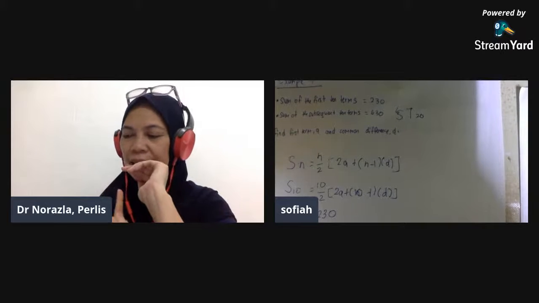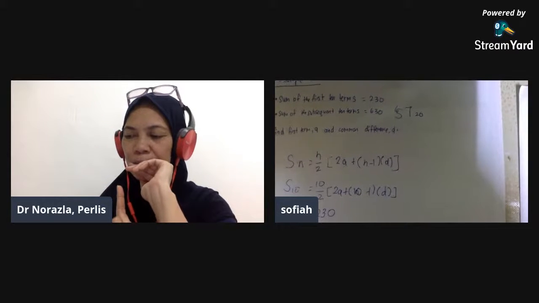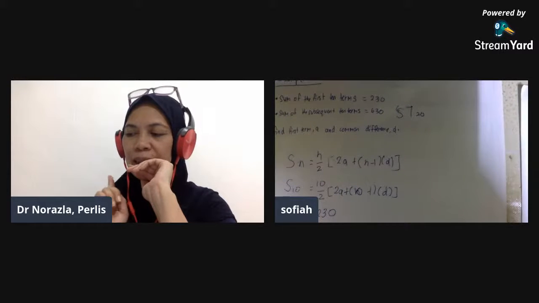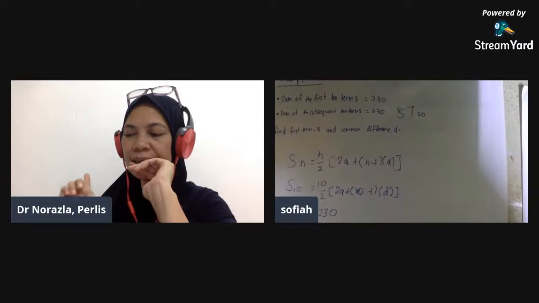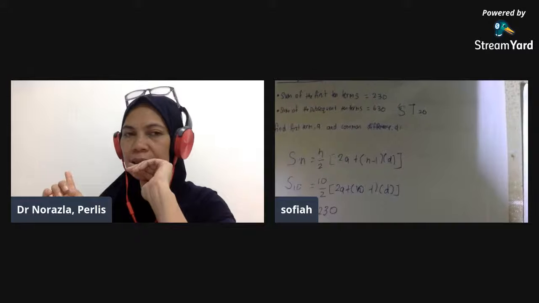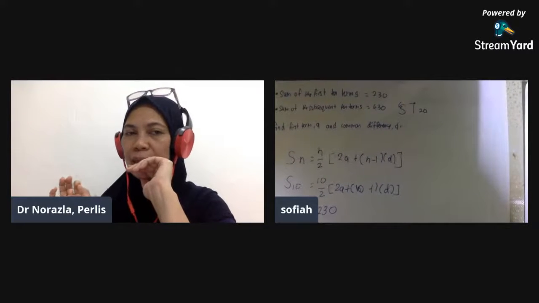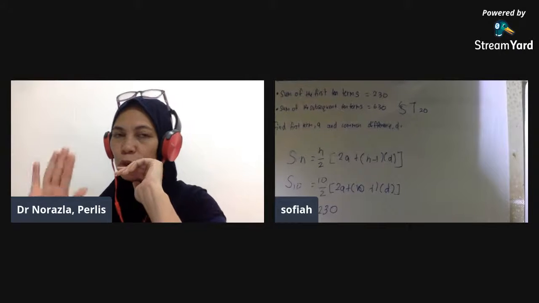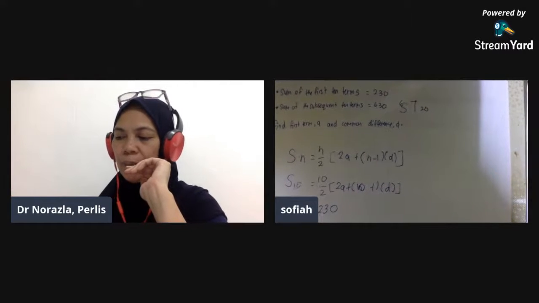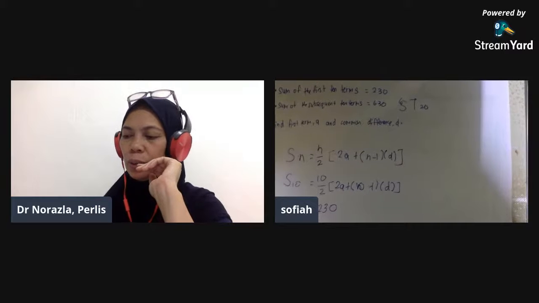Yang tu masalah lah kan sebab kita tak tahu kan. Ya. Okay. So macam mana kita nak buat? Maknanya kita tahu S10, tak tahu nak tambah berapa kan? So maknanya kita kena buat S20. So tunjuk kat sebelah je. S20.